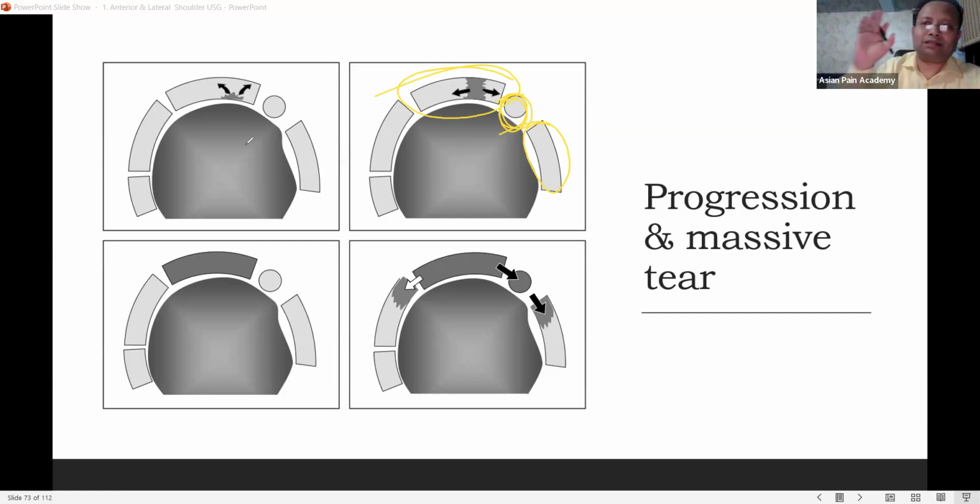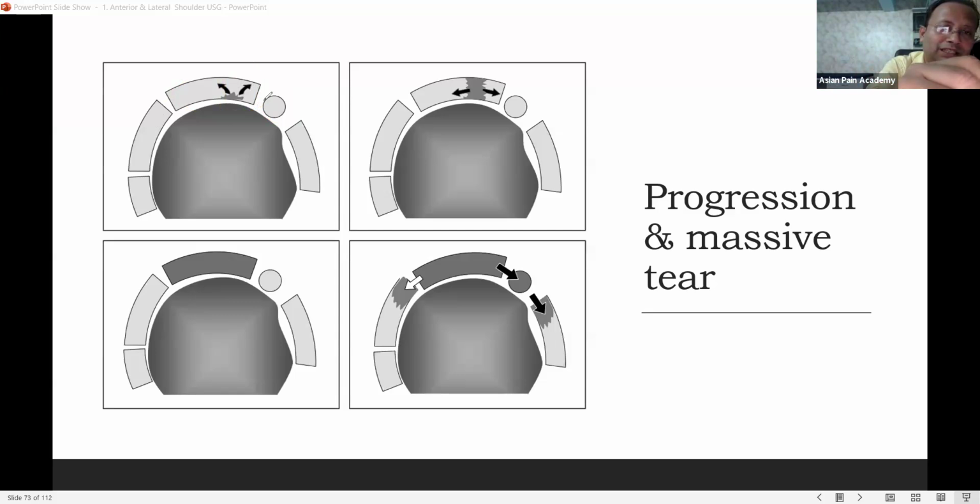So this is just a concept. You have to understand what I am saying. Just beside the biceps tendon, in the medial or anterior part of the supraspinatus, is the most important area where you should search for a supraspinatus partial tear.